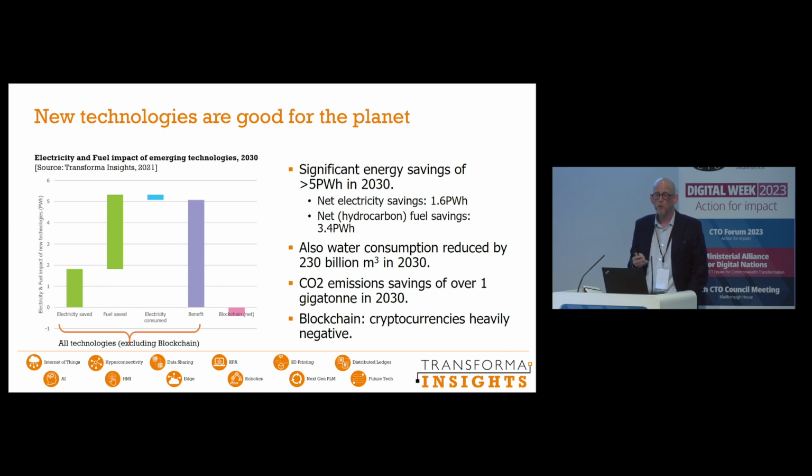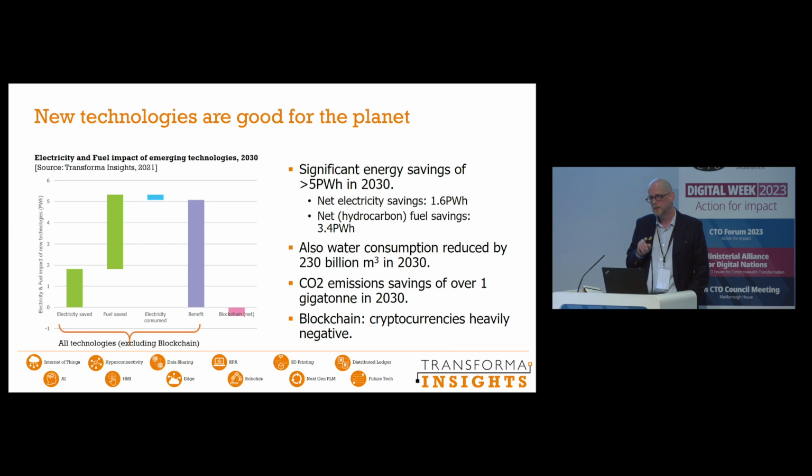Not only that, but we're also seeing a reduction in CO2 emissions, a gigaton of CO2 emissions by 2030 by the use of these various different technologies. And what I'm showing on the chart on the left-hand side is the benefits that derive from all of these various different technologies. I'm going to be delving more into IoT, but this includes the impact of AI and various others.